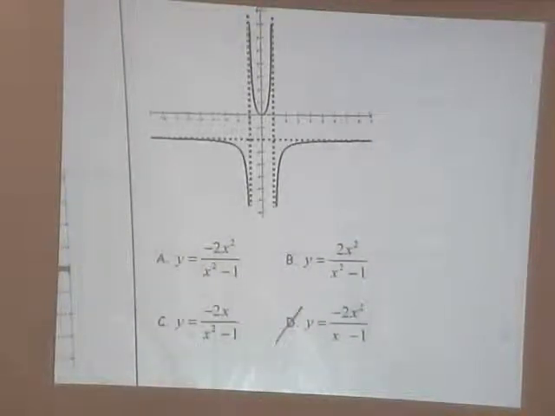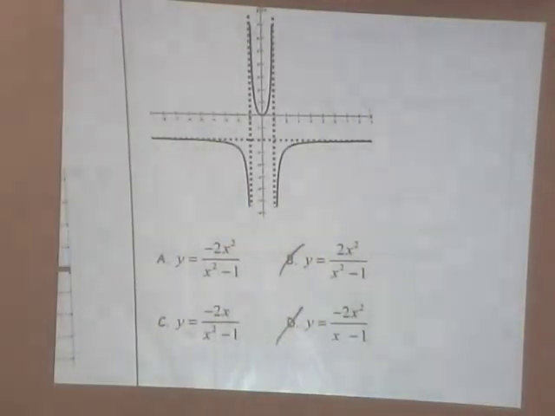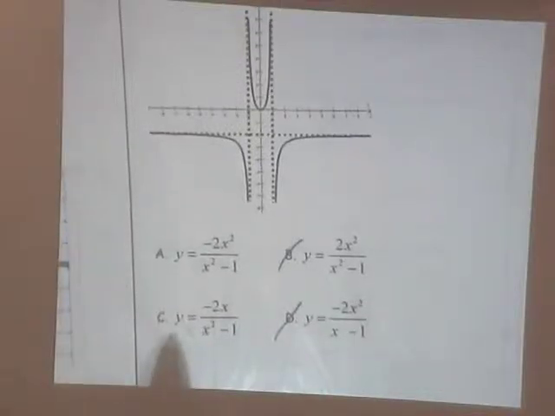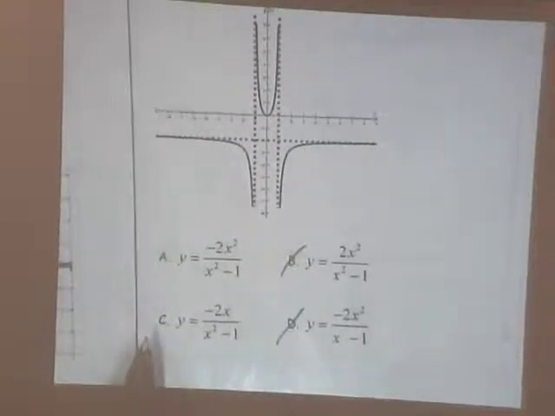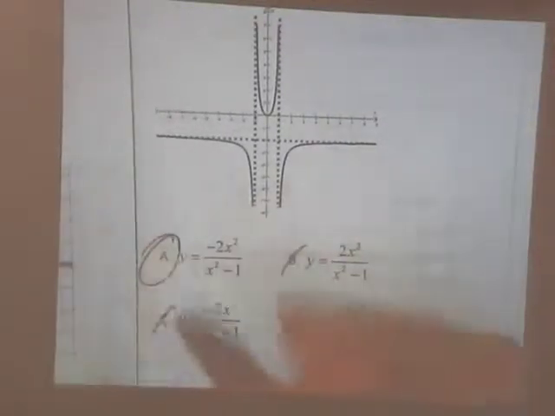It'd be +2, right? So it wouldn't be B. What about for A? It'd be -2, right? What about for C? What would the horizontal asymptote be for C? 0. It'd be 0, y equals 0, right? So it's not that one. So it's got to be A.